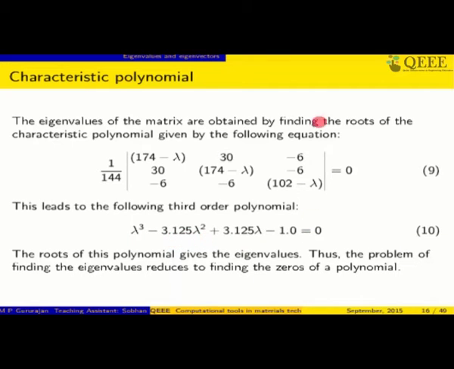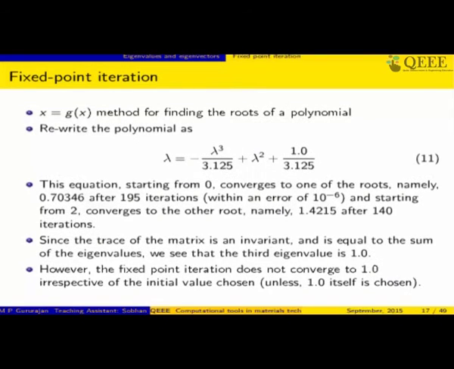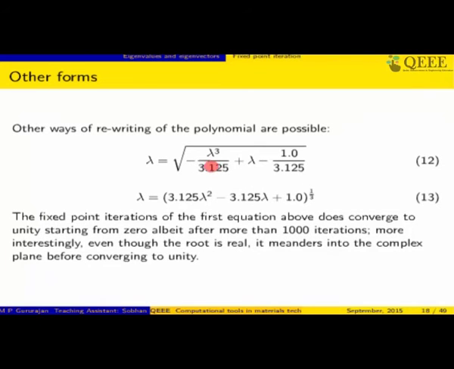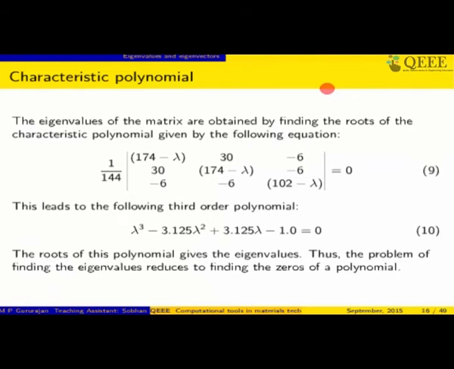That will also be equal to lambda, right? So there are many different ways, so I can write it like this. Lambda is equal to square root of lambda minus 1 by 3.125 minus lambda cube by 3.125. No, this is wrong. Let me write it properly.